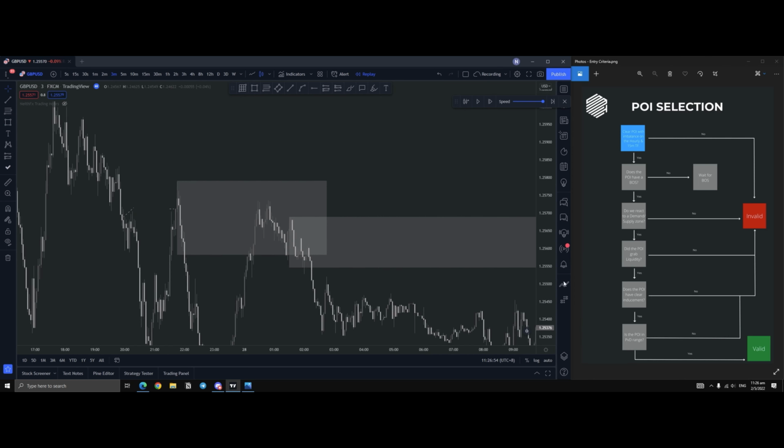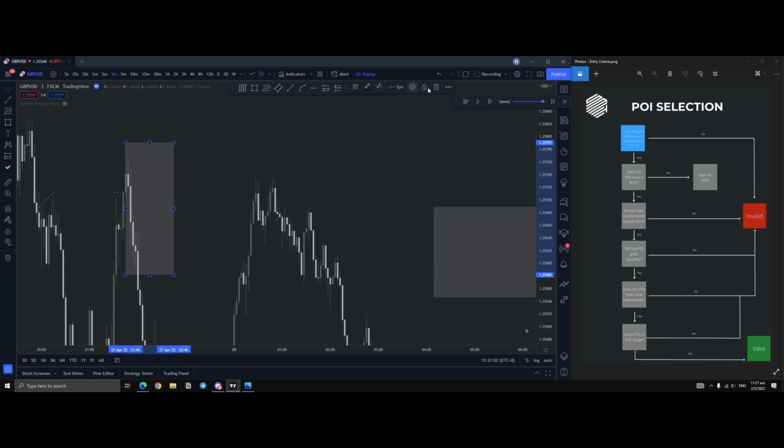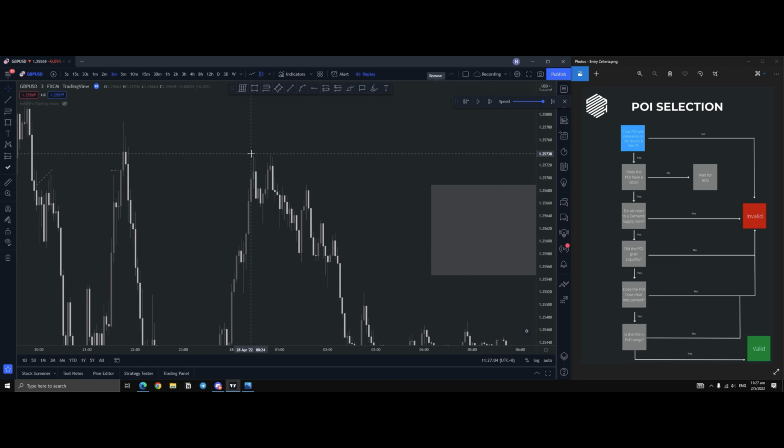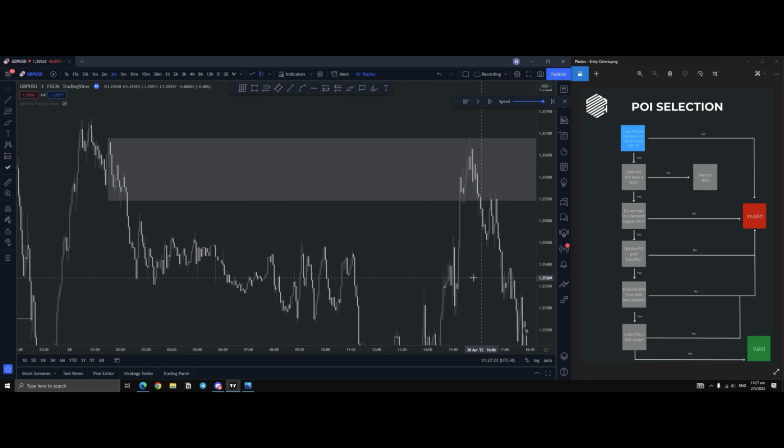Because the POI just goes up and then it goes down, right? So if we look at price action here, you can see how it sort of grabs liquidity here because it breaks the high. So there might be a lot of sellers here because you can see how price pushed down, and then it grabs it and it pushes down immediately after that. So in a sense here we can say we did grab liquidity, but it's not very, very clear.